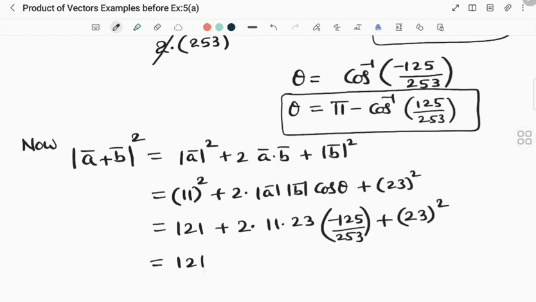So 121 minus 2 into 125, that is minus 250, as 23 into 11 and 253 cancel, plus 23 square, which is 529.